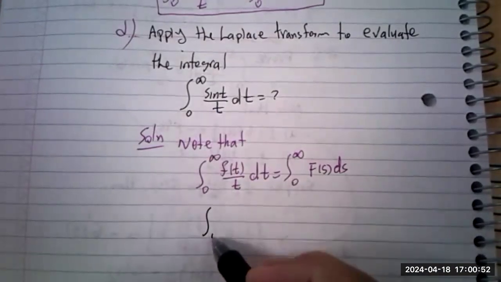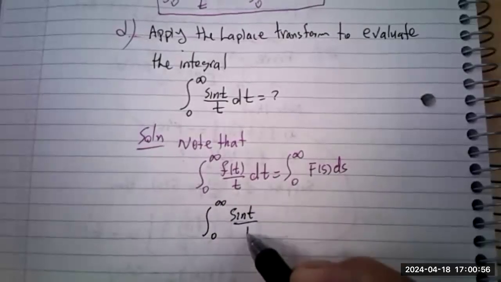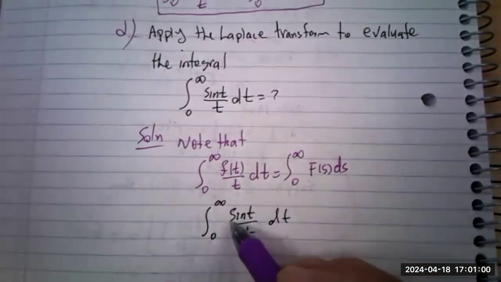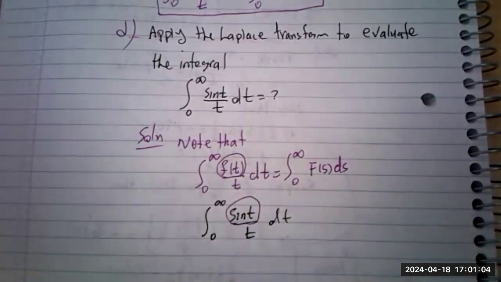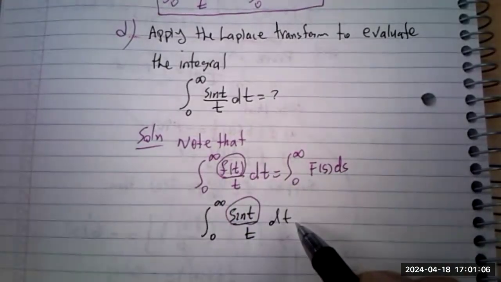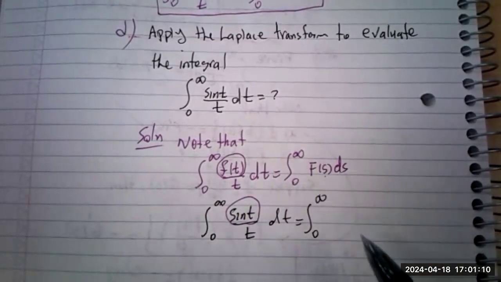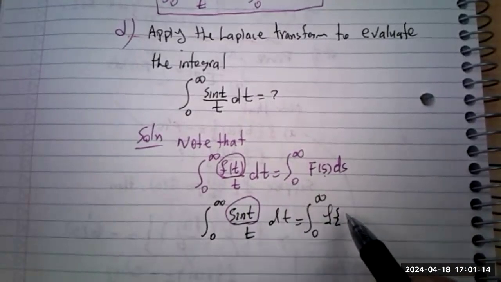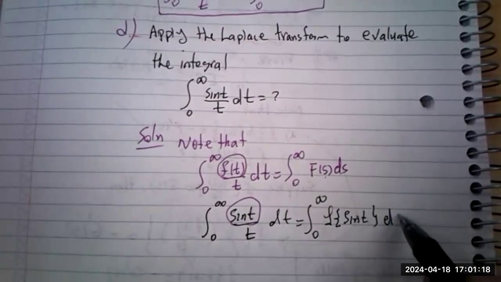This is the integral from 0 to infinity of sine t over t dt. So you see, this is your function, and it would be changed into the integral from 0 to infinity of the Laplace of sine of t, then ds.